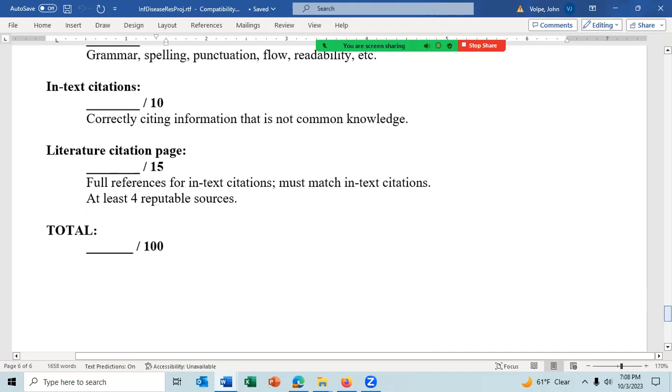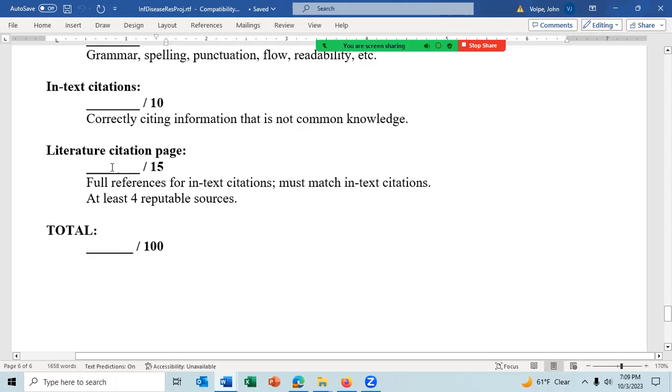For the full references, you'll get 15 points if the references are in the correct format, they have the correct information in each reference, and they match the in-text citations, meaning whenever you have an in-text citation, it should be found in the full references.